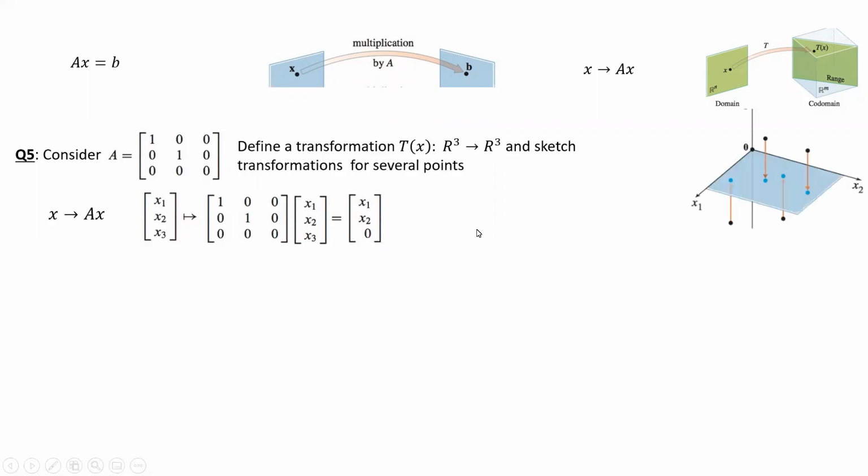So let's just try to sketch several points to see how that works. For example, we take points here, and when we transform it, it should have the same coordinates x1 and x2, but the third one should equal 0. So it falls on the x3 equals 0 plane. We can take another one and it also drops on x3 equals 0.